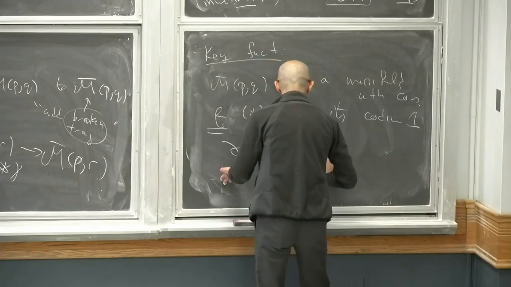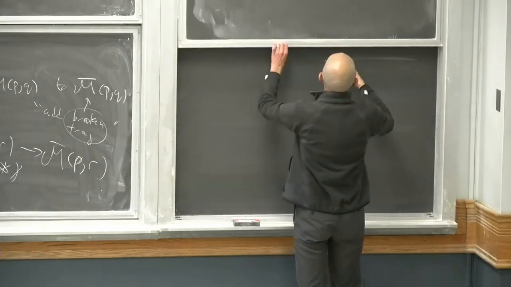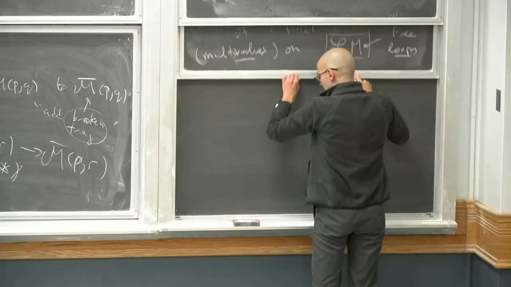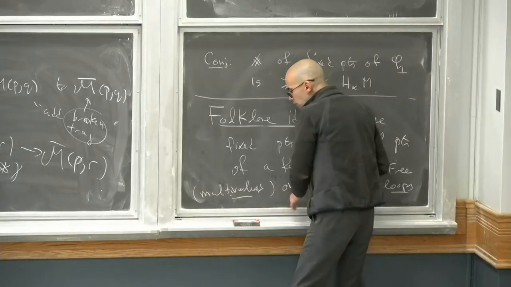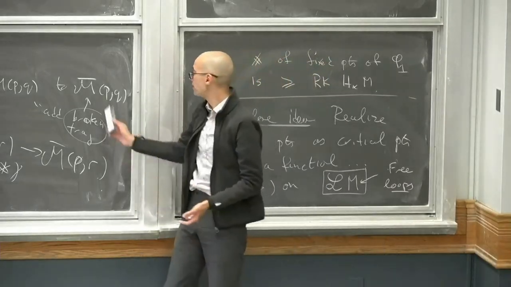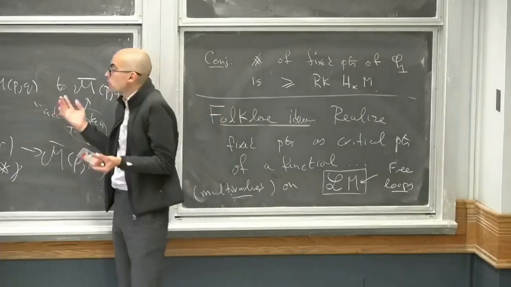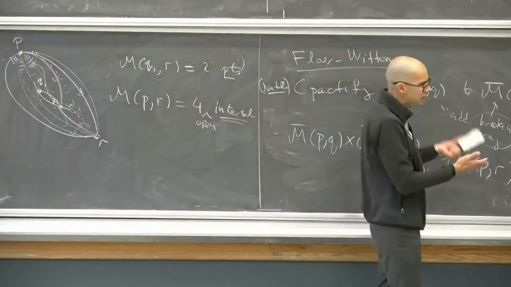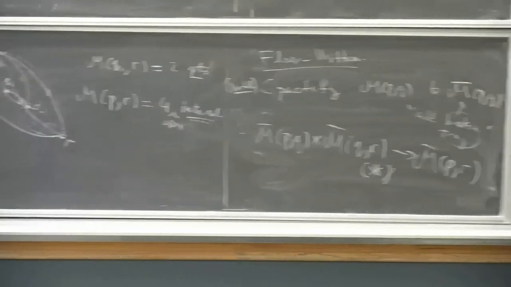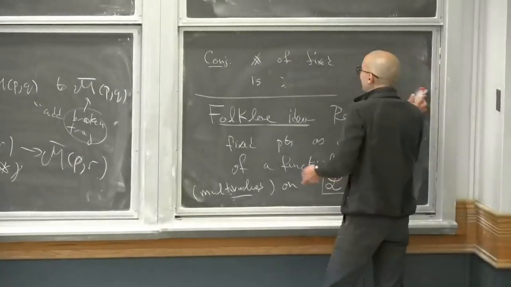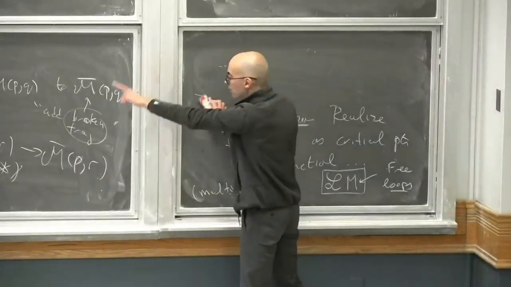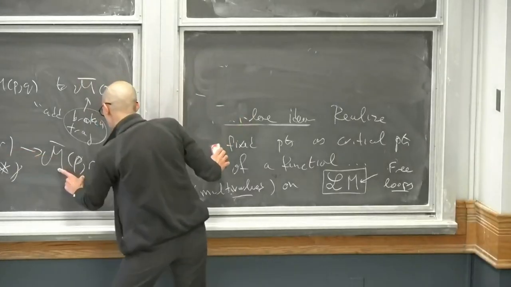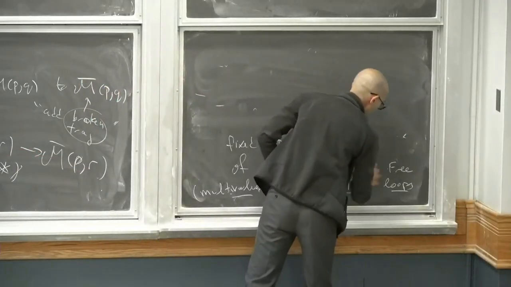So let's see what this implies in the first non-trivial case. The trivial case is when these things are 0-dimensional. When 0-dimensional, it's pretty hard to compactify finitely many points. Basically, you just take finitely many points and there's nothing to do. So the first interesting thing is when this moduli space MPR is 1-dimensional.